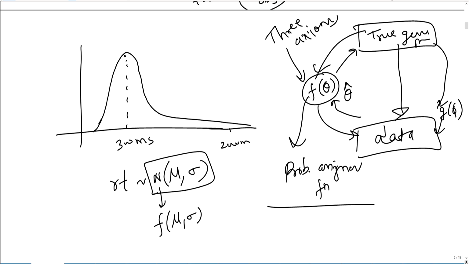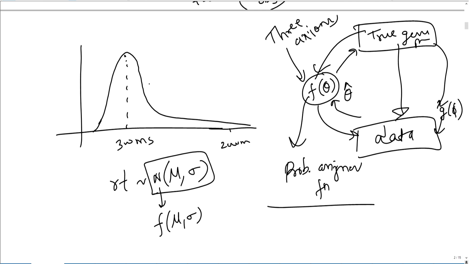Why can this assumption be unreasonable? Well, think about it. If it is a normal distribution, nothing is stopping you from generating negative reaction times. But can you have negative reaction times in a human experiment? No. Also, a normal distribution, we will see all this later on, has the property that it has to be symmetric around the mean.